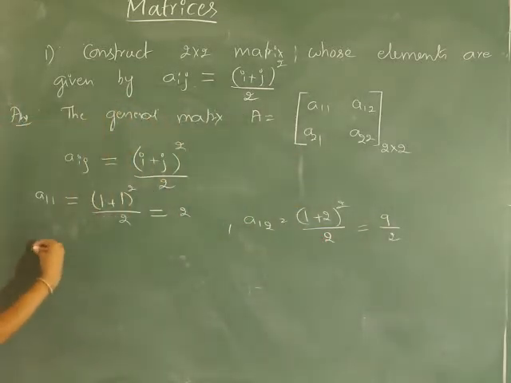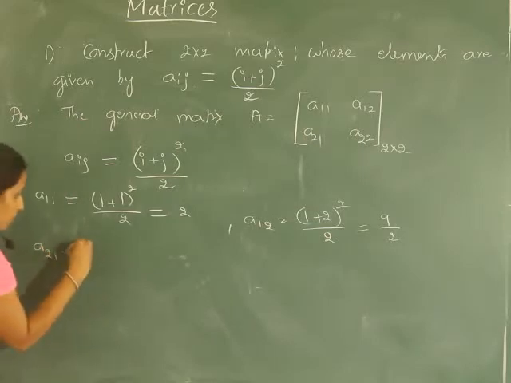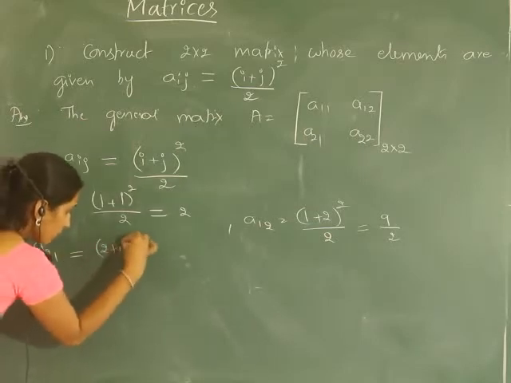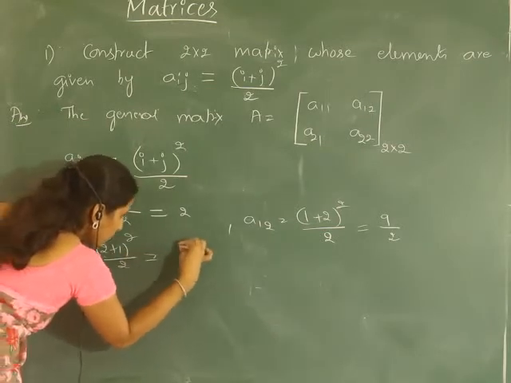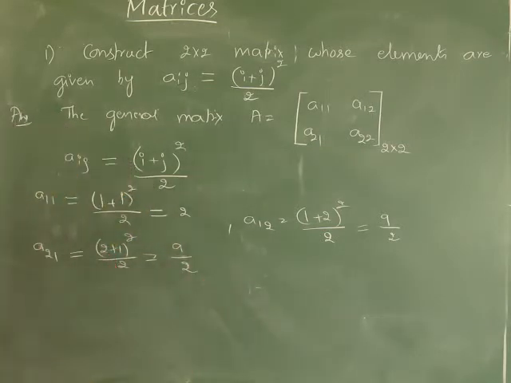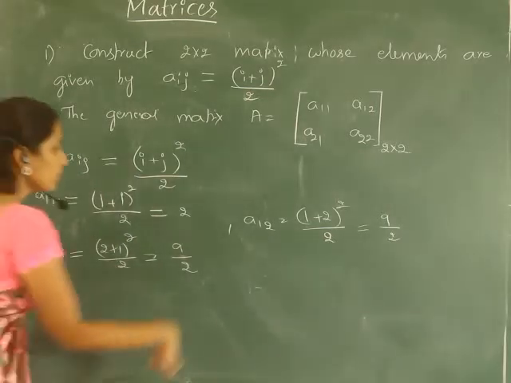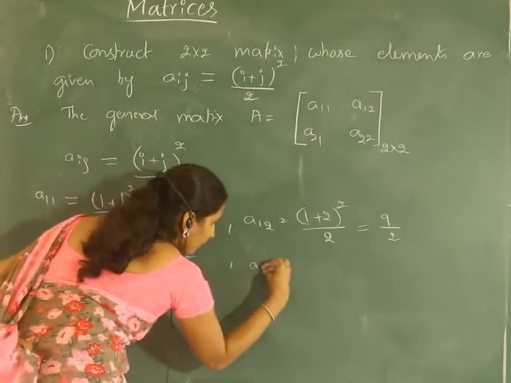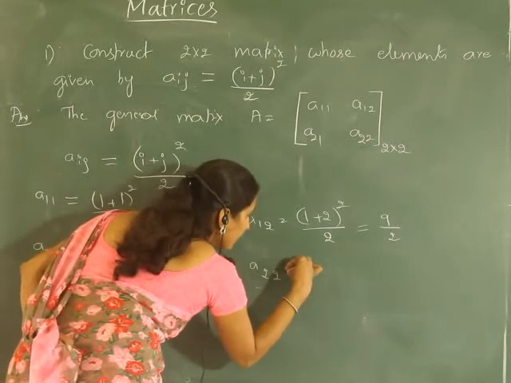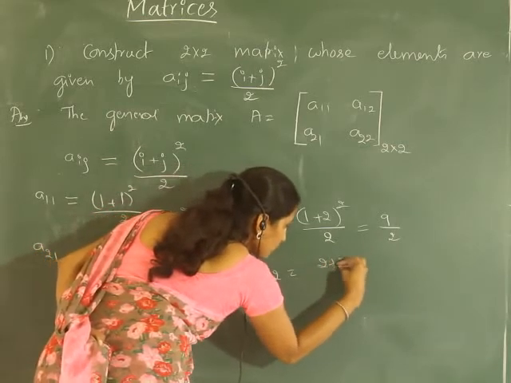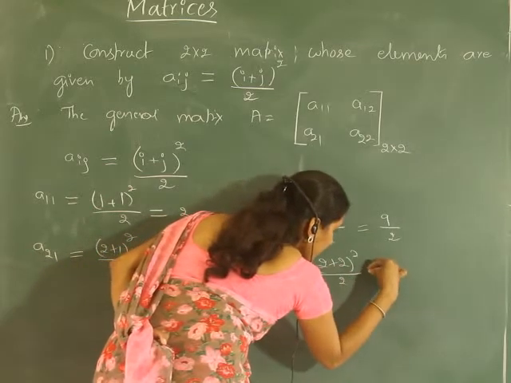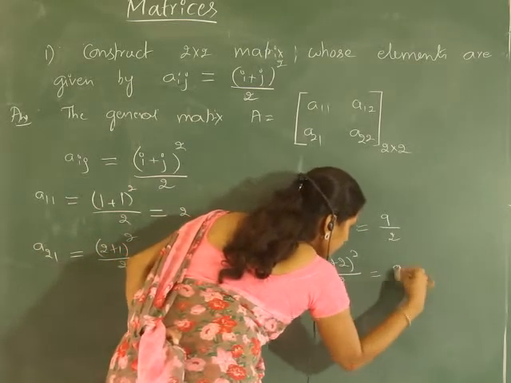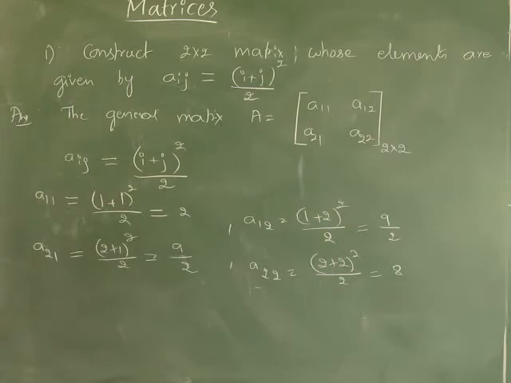Then A21, (2 plus 1) whole square divided by 2, so again it is 9 by 2. Then A22 will be (2 plus 2) whole square divided by 2, so 4 square is 16, 16 by 2 is 8.